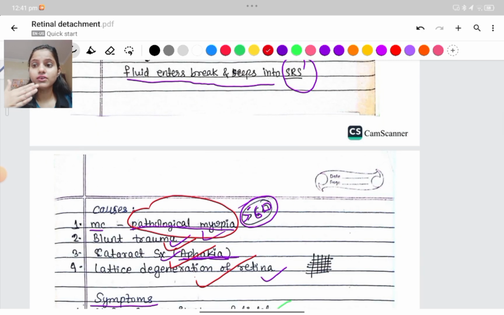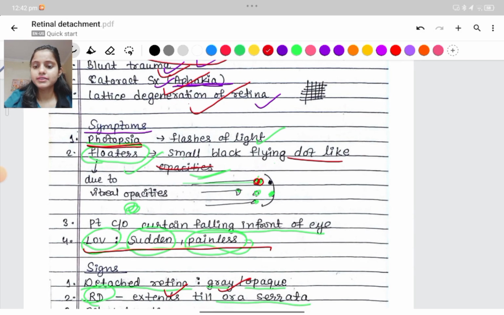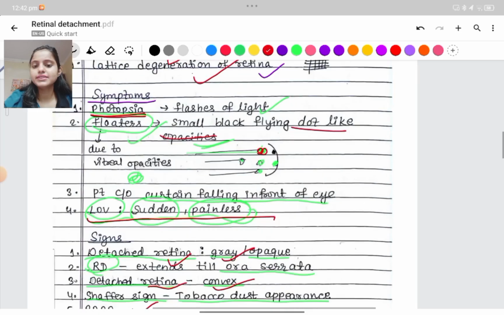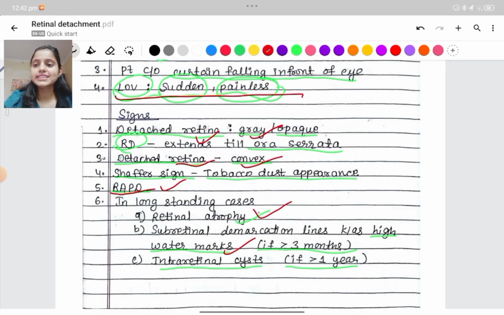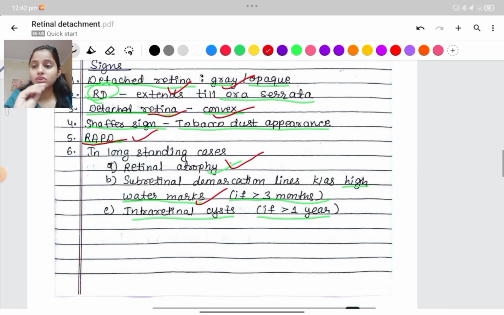Then floaters occur, curtain falling in front of the eye, photopsia occurs, then sudden painless loss of vision. Causes are pathological myopia, blunt trauma after cataract surgery, and degeneration of the retina. Signs: detached retina is grey opaque, retinal detachment extends till ora serrata, detached retina is convex, and tobacco dust appearance is seen.